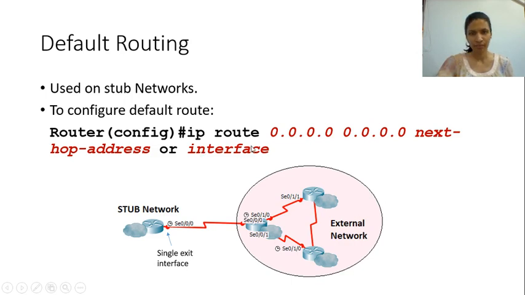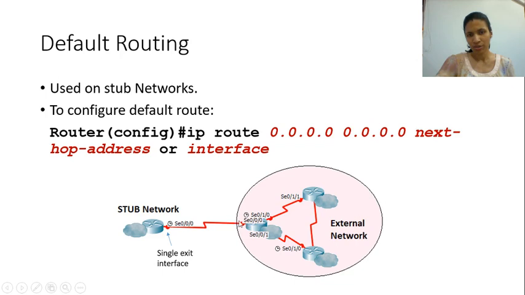If this is your example, then on this router you can configure the default route as ip route 0.0.0.0 0.0.0.0, followed by the IP address of this interface.